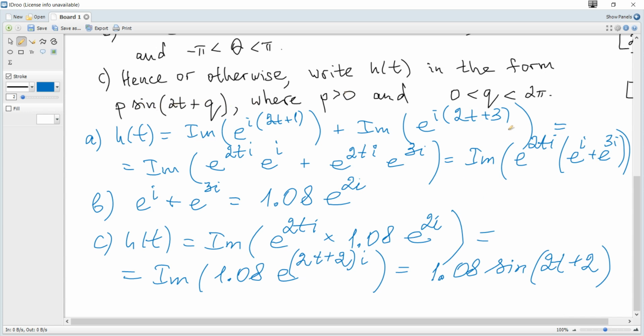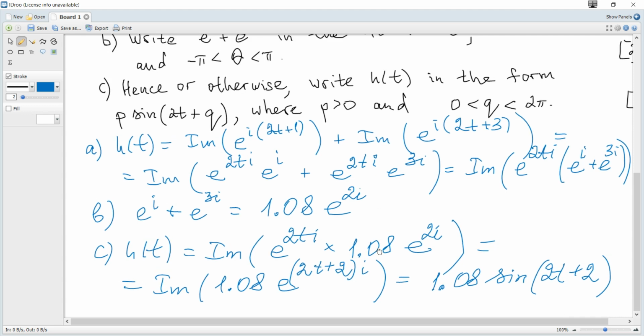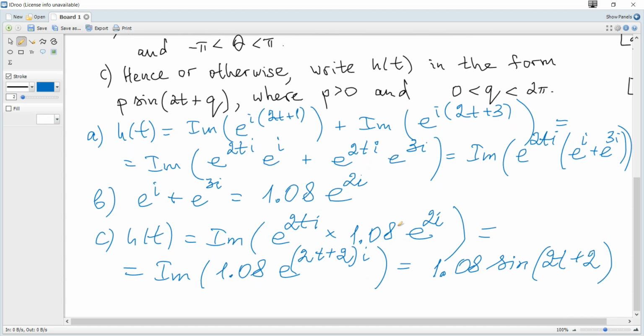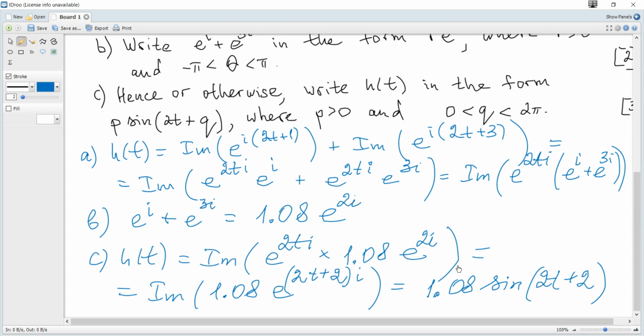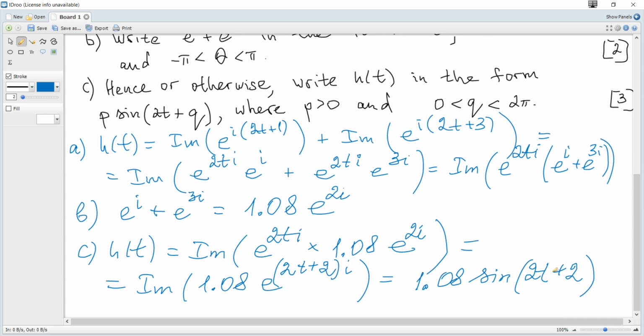P is positive and q is between 0 and 2 pi. So 2 pi is 6.28 and q is 2. Definitely it's from 0 to 2 pi, so it's true. And that's all for this question.